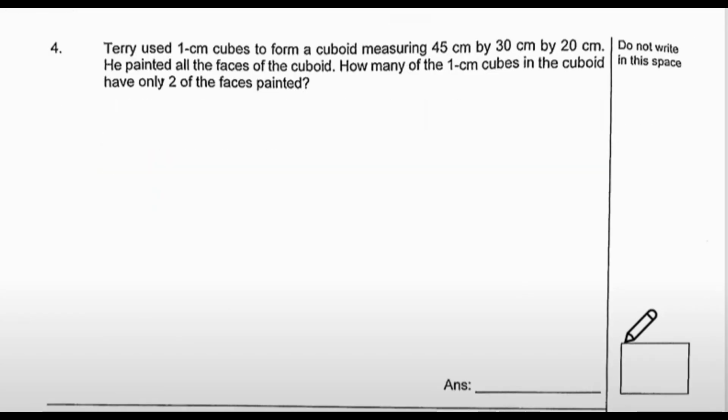Question 4. Terry used 1 cm cubes to form a cuboid measuring 45 by 30 by 20 cm. He painted all the faces of the cuboid. So how many of the 1 cm cubes in the cuboid have only 2 of the faces painted?